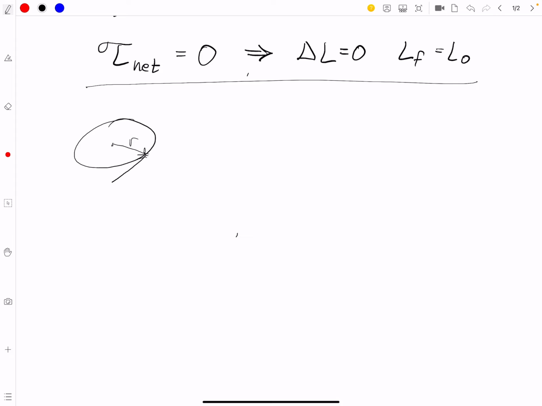We're going to apply a force to it. That's the force of the person on the lazy Susan. Okay, we're making sure that that force is being applied perpendicularly so that our torque, which is normally equal to a force times the radius times the sine, sorry, it's the sine of the angle between them.